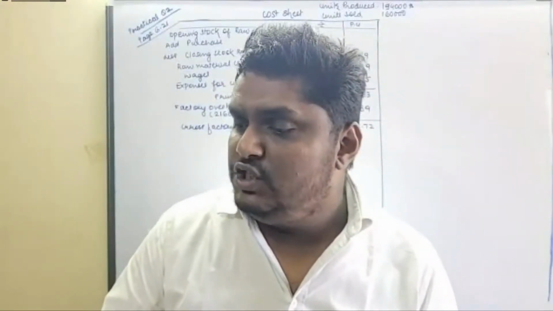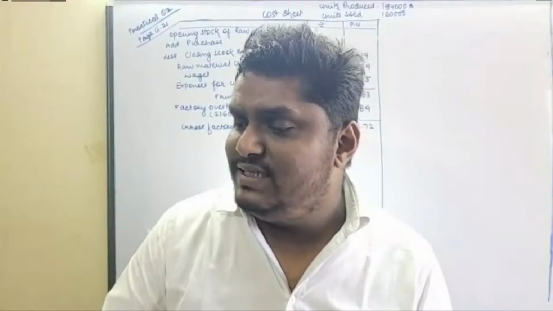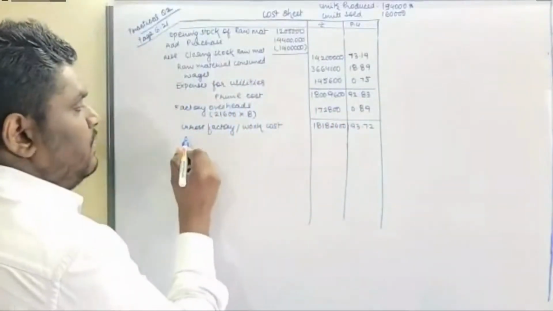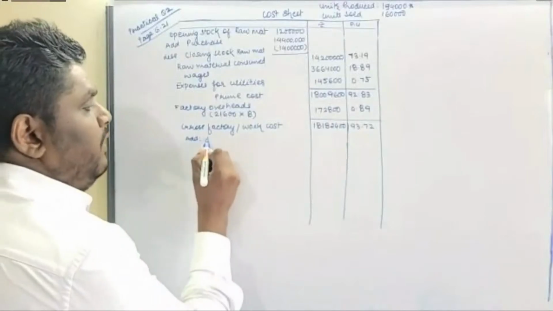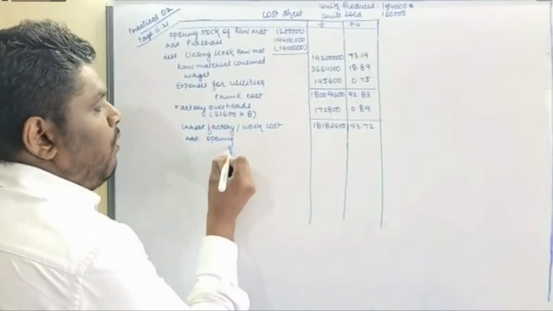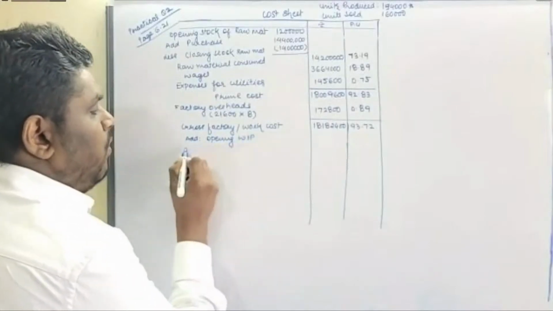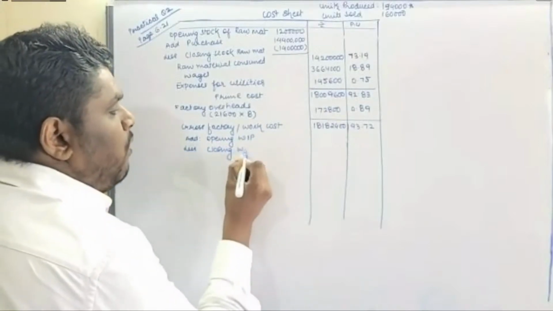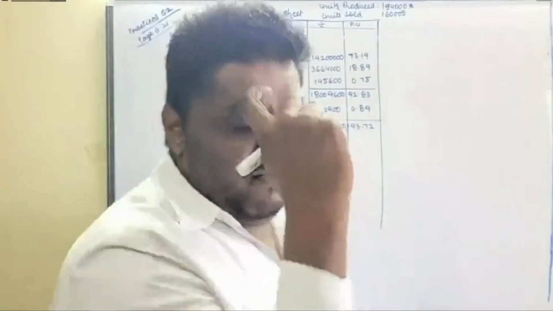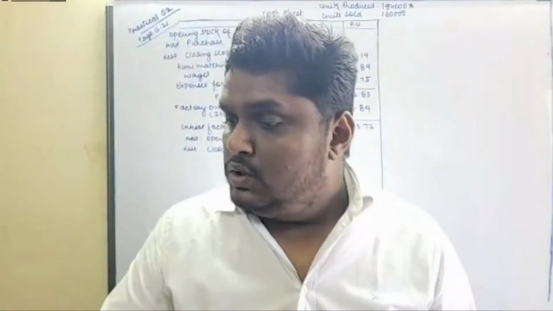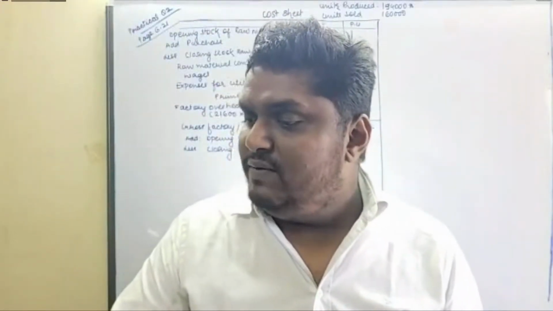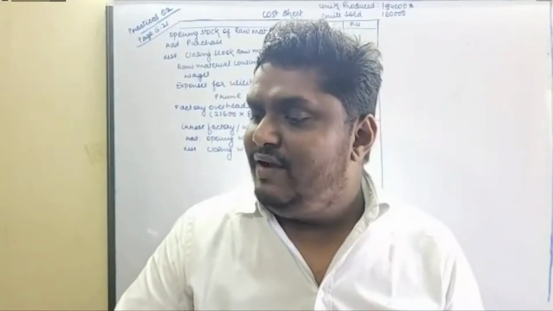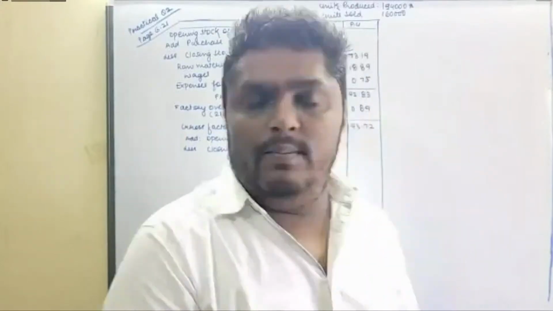So herein in this question, opening and closing work in progress is given, that is 18 lakh is the opening work in progress and 16 lakh 4,000 is the closing work in progress.